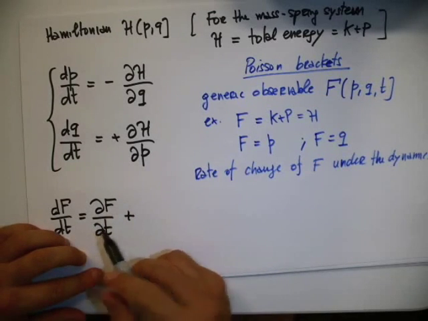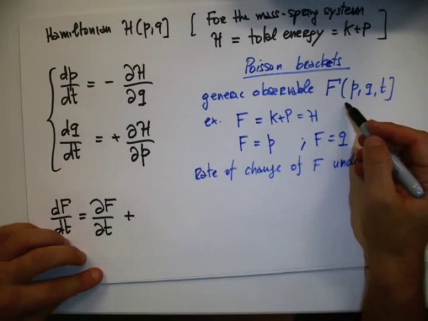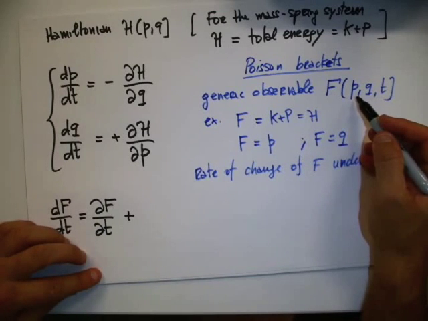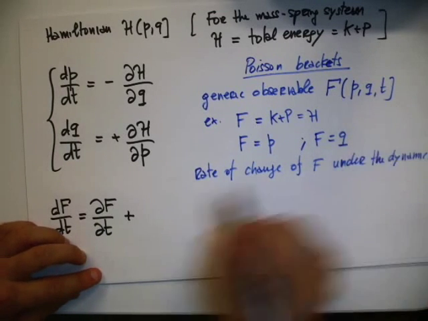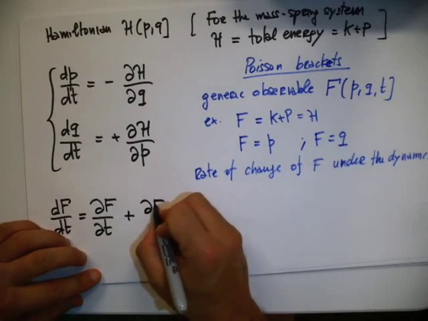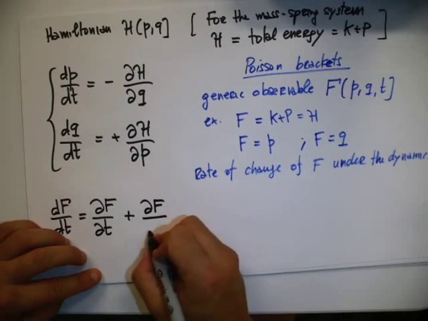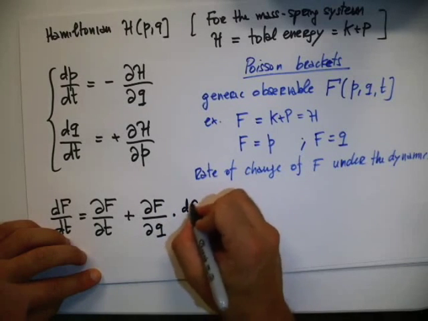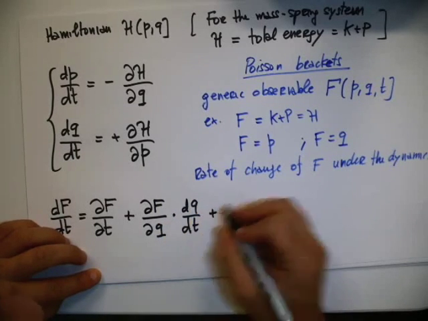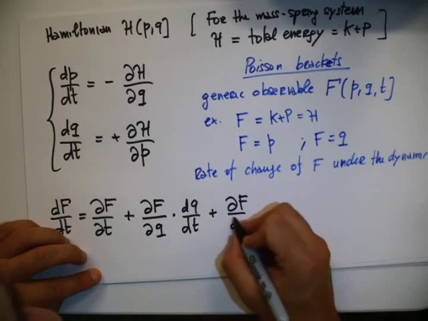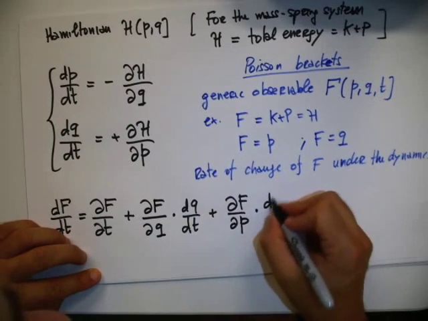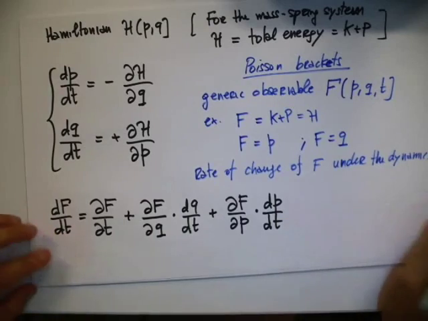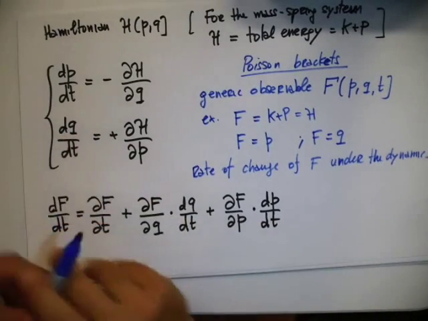But then we have to consider the time dependence that comes from the fact that f can depend in general on p and q. So I have a partial of f with respect to q times dq/dt, plus the partial of f with respect to p times dp/dt.